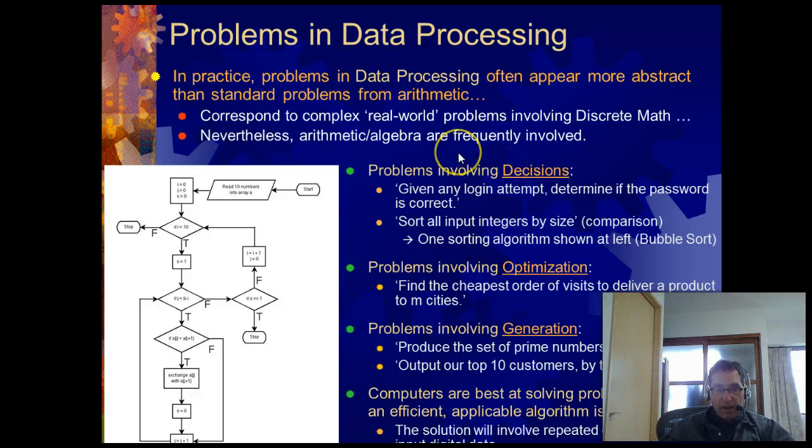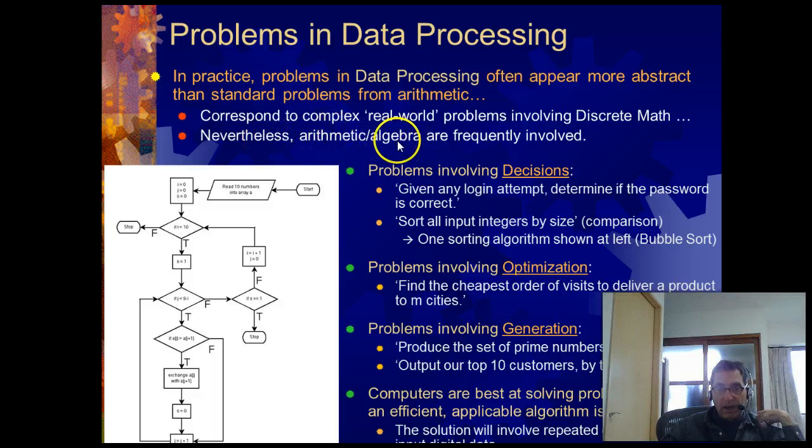Okay, so let's look at some typical problems in data processing. In practice, problems in data processing often appear more abstract than standard problems from arithmetic. So if you compare these, like finding the greatest common divisor, it's a little bit more than just doing a simple arithmetic operation. They also correspond to complex real-world problems involving discrete math, maybe.